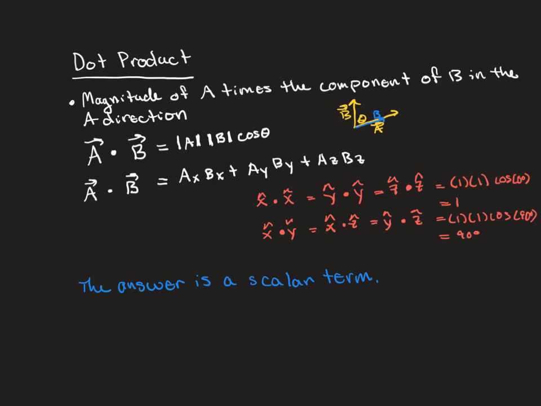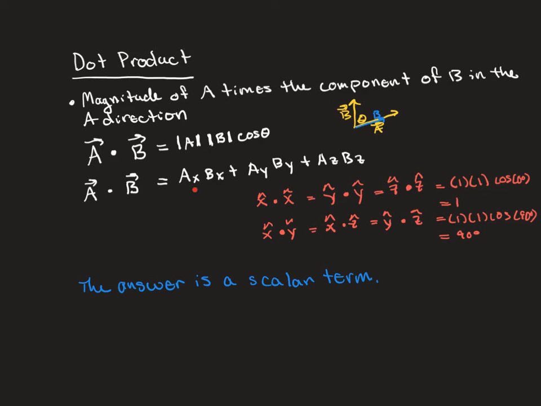So when we do the magnitude of A times the magnitude of B in terms of their unit vectors, if they're an x hat, a y hat, or a z hat, you're going to be taking 1 times 1, and then the angle between them would be 0 because y is in the same direction as y. So you get that the dot product would be 1 for those particular unit vectors.